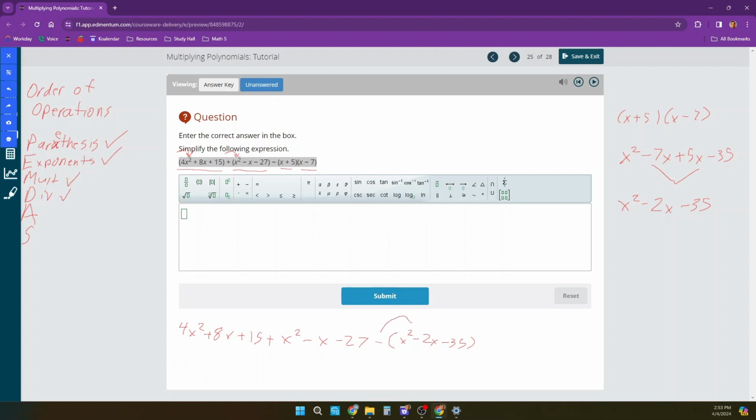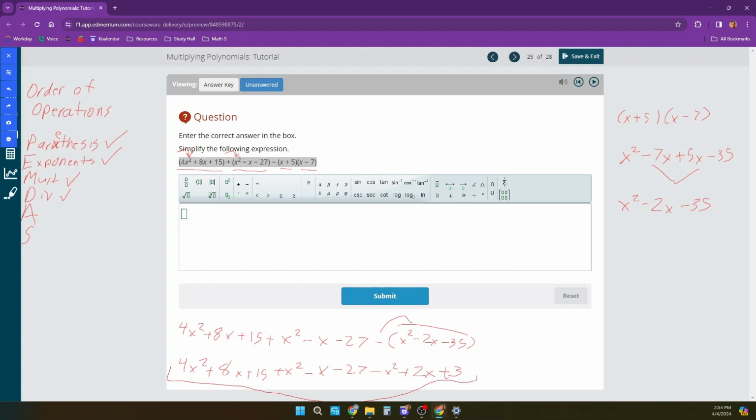So I'm going to quickly rewrite this as 4x squared plus 8x plus 15 plus x squared minus x minus 27 minus x squared plus 2x plus 35. Again, because we're distributing the negative to the inside since we're subtracting by the whole polynomial.